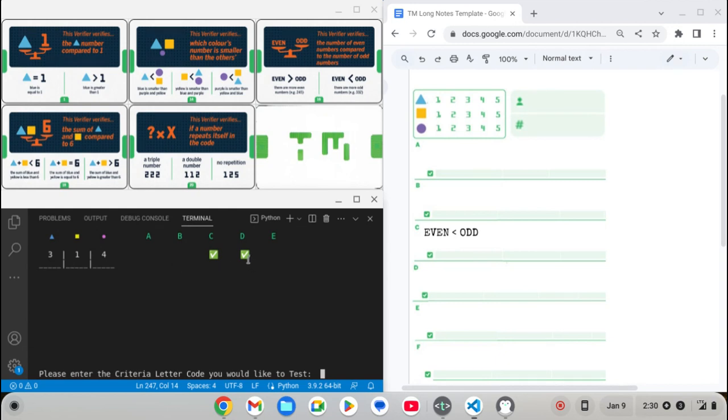And since the Turing machine approves, it must be true that the sum of the first 2 digits should be less than 6. So let's go ahead and type that up in our notes in section D. And we'll say that triangle plus square should be less than 6.